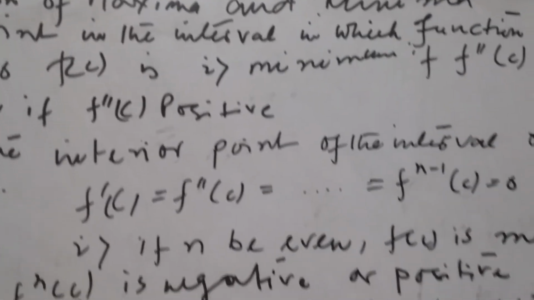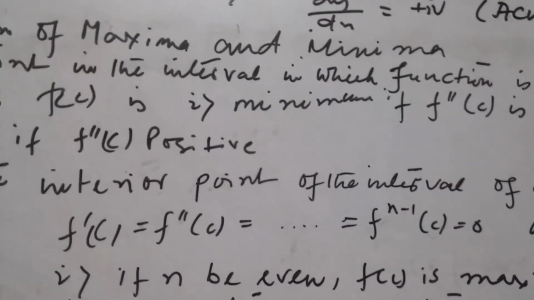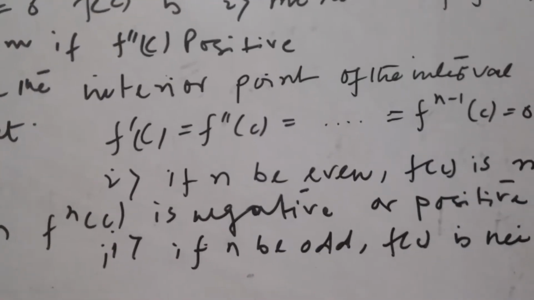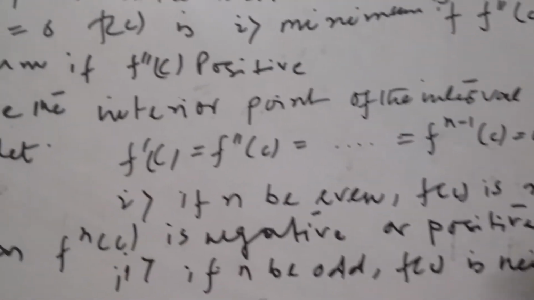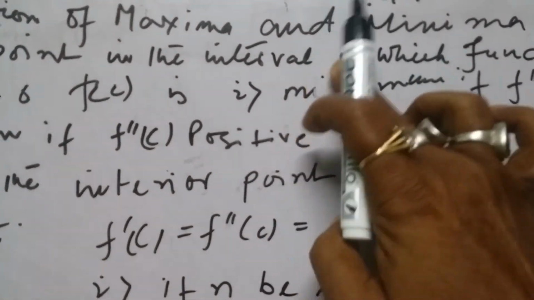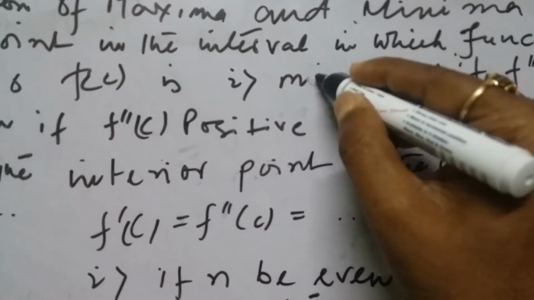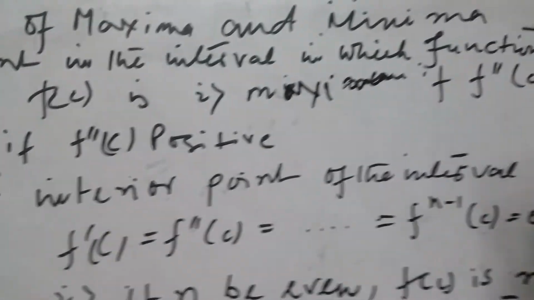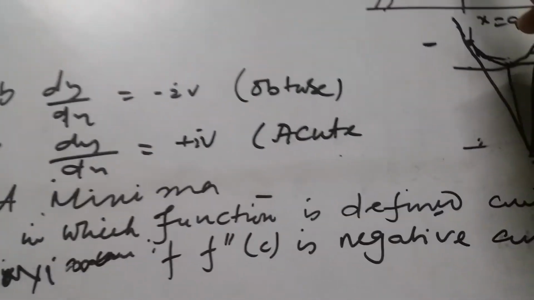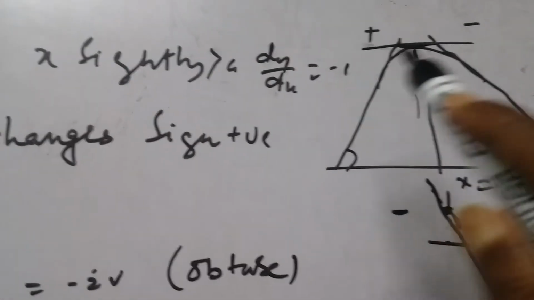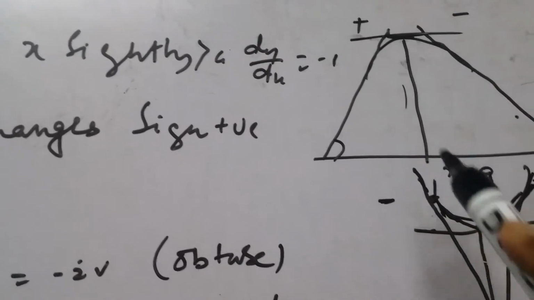Minimum when positive. Okay, now if f double dash x is negative, then that is maximum.